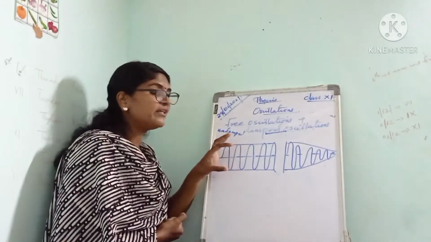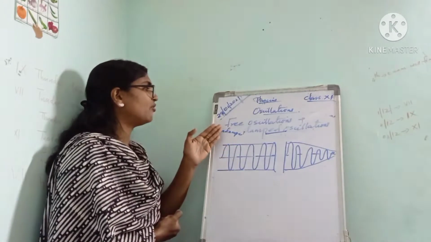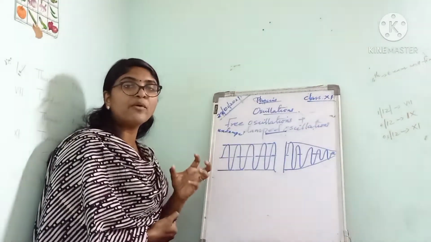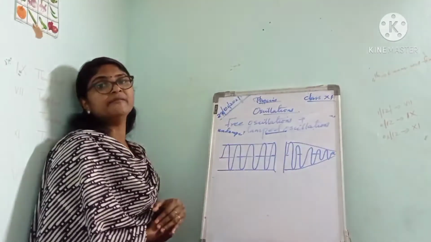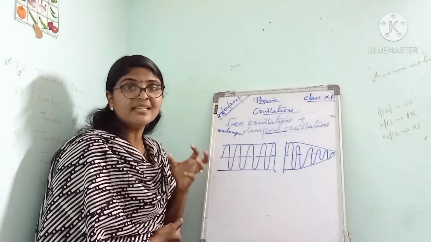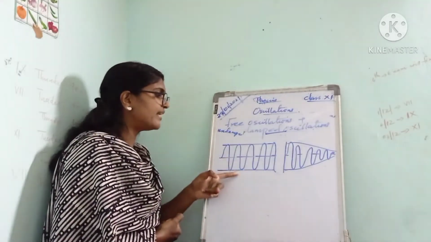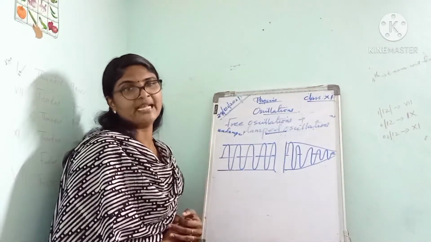That is why the amplitude remains a constant. And such oscillations are called what? Free oscillations or undamped oscillations. This represents what? Free oscillations or undamped oscillations.